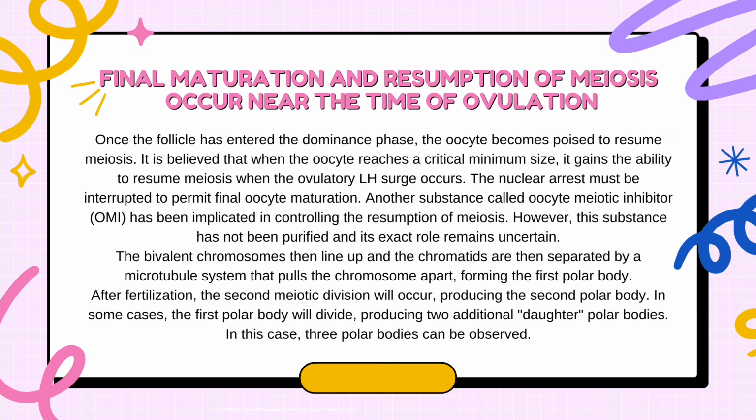The final maturation and resumption of meiosis occur near the time of ovulation. Once the follicle has entered the dominance phase, the oocyte becomes poised to resume meiosis. It is believed that when the oocyte reaches a critical minimum size, it gains the ability to resume meiosis when the ovulatory LH surge occurs.